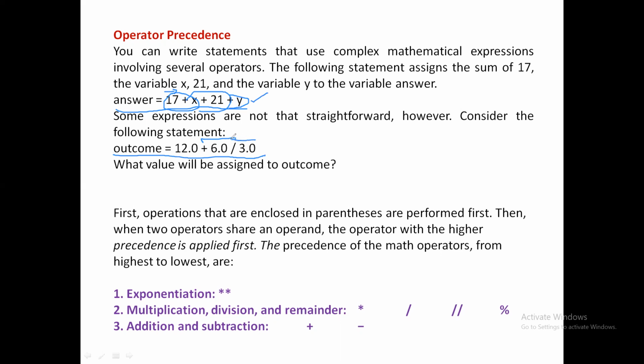Therefore, this operation is performed first, that is 6.0 by 3.0, which gives us 2.0. Okay, and then it is added with 12.0, which gives us the answer 14.0. So the answer of this particular expression is going to be 14.0.